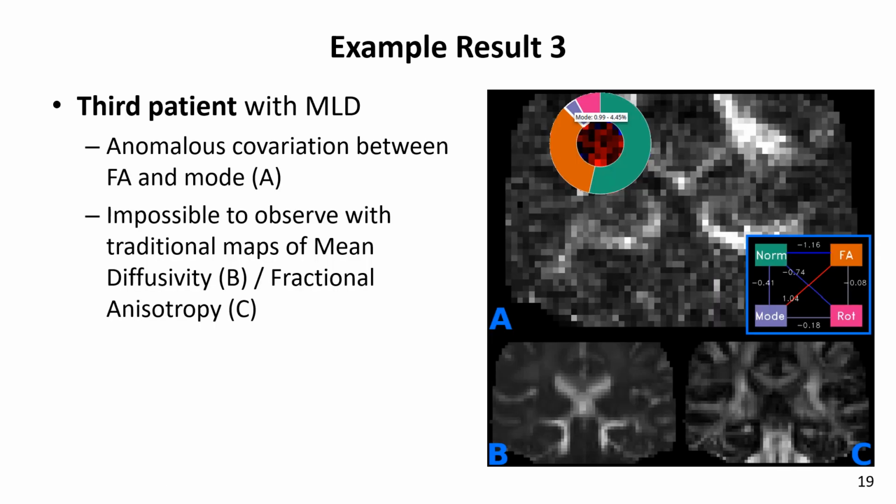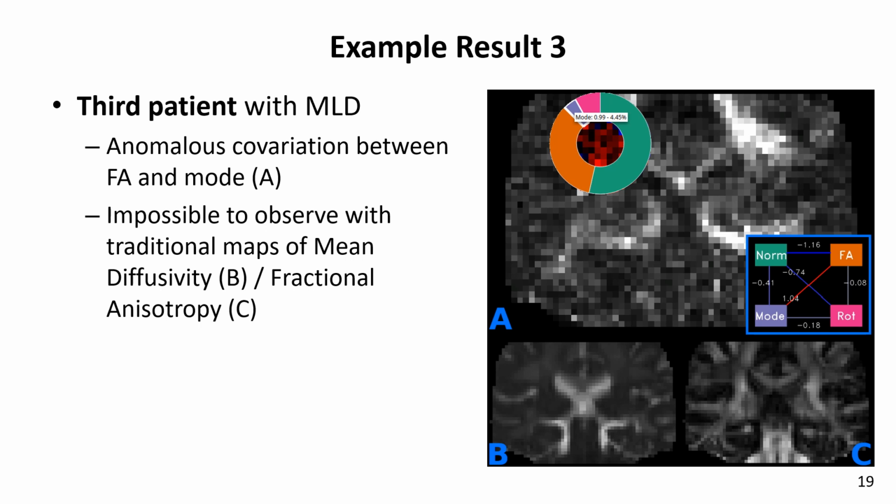Finally, we show a result in a third patient. Here, the covariance view highlighted a surprising covariation between fractional anisotropy and tensor mode, as highlighted by a strong red edge. Inspecting FA and mode separately by clicking on the corresponding segments of the lens shows that diffusion tensors in this patient were slightly more linear than average in this region of interest, despite having lower fractional anisotropy.